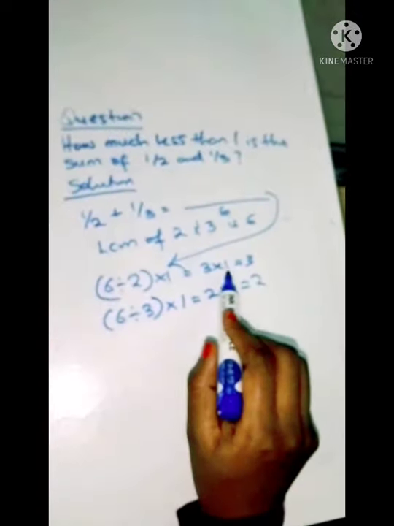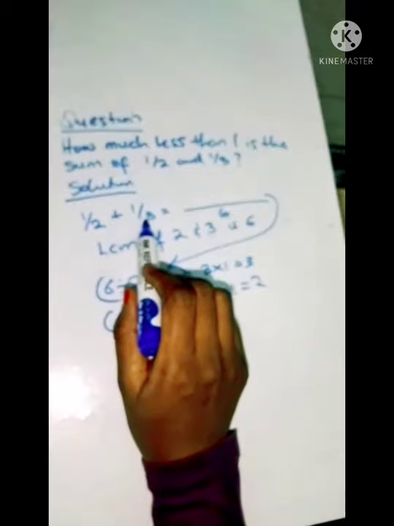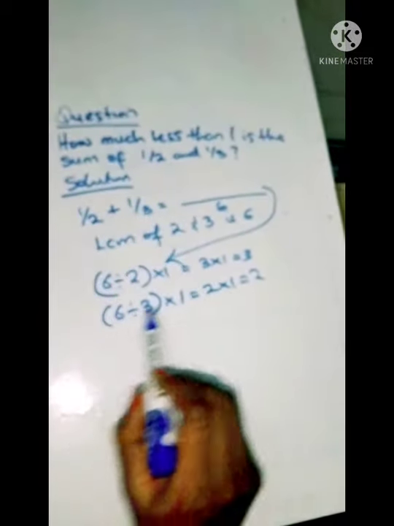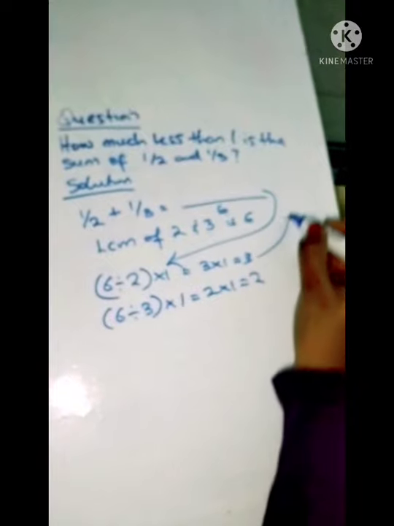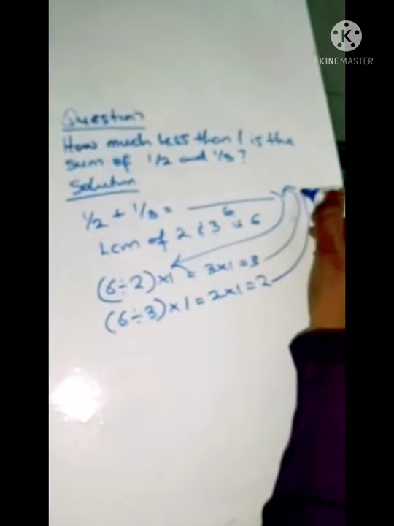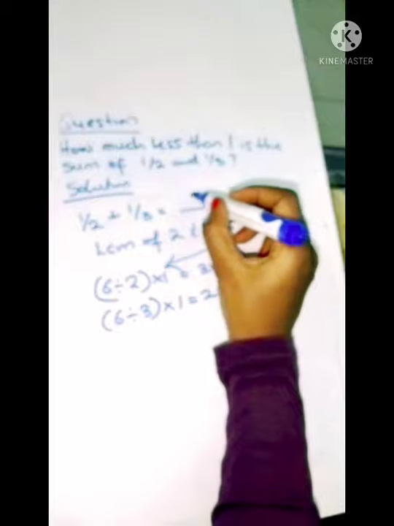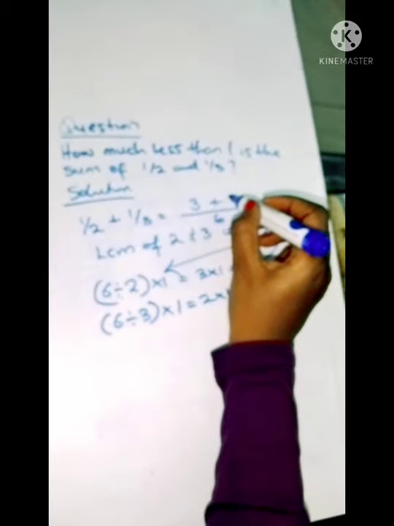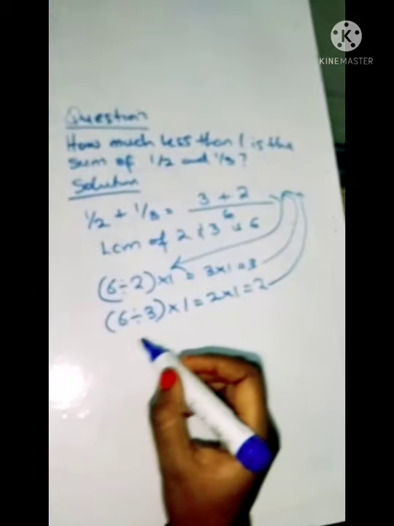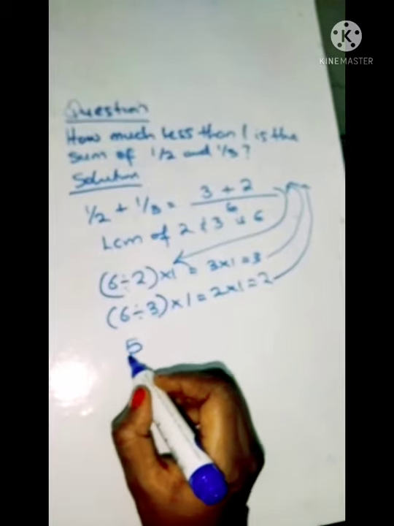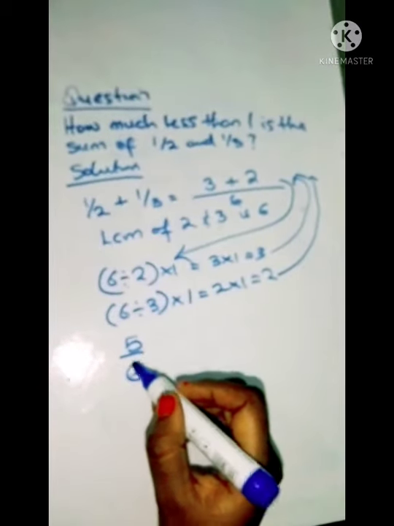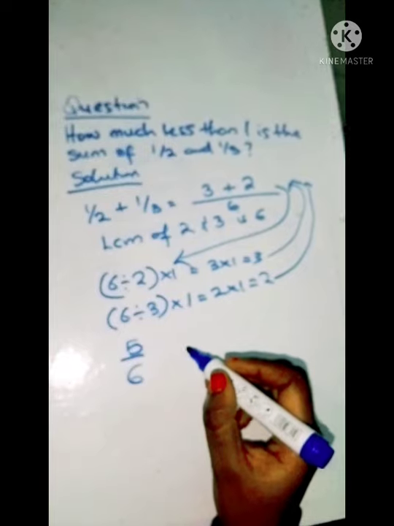As you can see, that's how it goes. So we'll write them up on the numerator. We'll say 3 plus 2 will give us 5 all over 6, which is a common denominator.